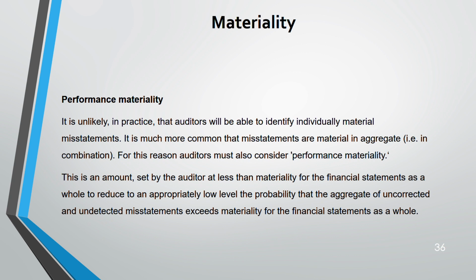That means when you're aggregating misstatements, it should not be more than the materiality that you have set initially for the financial statement as a whole. That's why they set that materiality, known as performance materiality, at a lower level than the materiality that has been set for the financial statement as a whole.